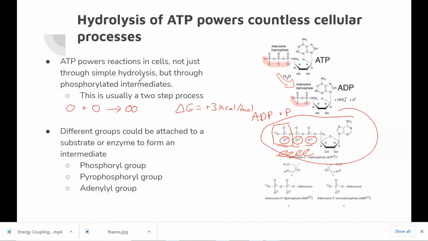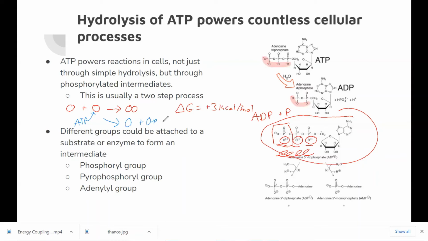ATP is going to come in, and instead of going directly from reactants to products, because remember, this is currently an endergonic reaction, ATP is going to come in and it's going to donate a phosphoryl group to one of those reactants. So instead of going straight to the product you want, you're going to go to this intermediate step. So you're going to have this plus that.